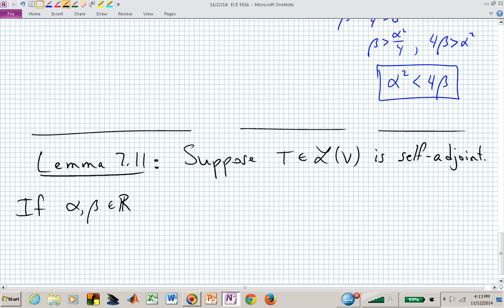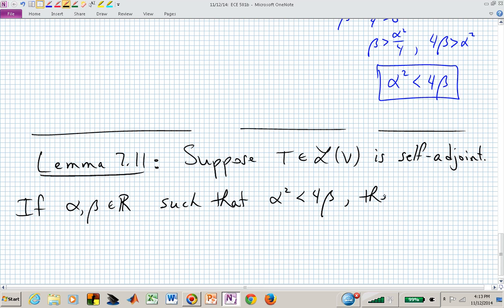Suppose that alpha and beta are real numbers, and they are such that alpha squared is less than 4 beta. And that should look familiar with what we just wrote down. We are writing some equation that includes those coefficients alpha and beta.